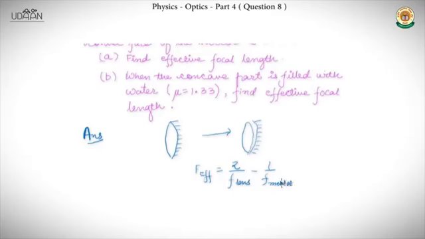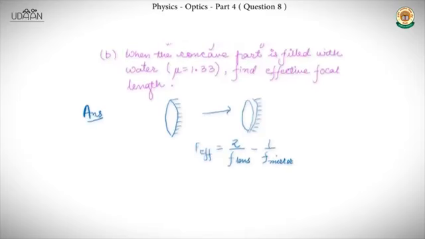Can you explain how you got this formula? See, when the light comes from here and travels inside the lens and goes out, the light travels through the lens two times. That's why we get two times the 1 by focal length of lens.